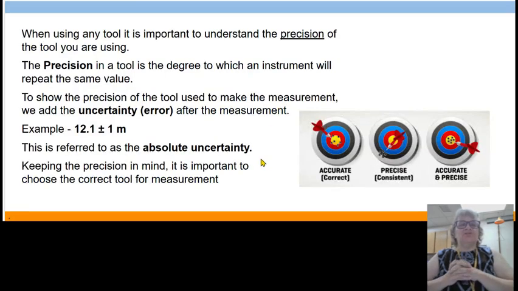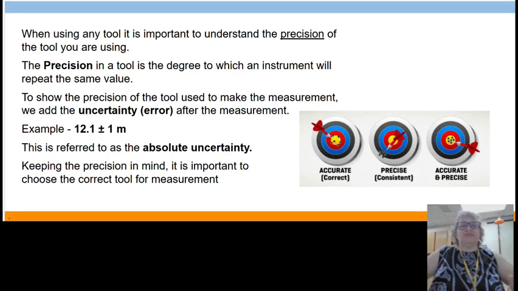When you're using any tool, it is important to understand the precision of the tool that you're using. Precision in a tool is the degree to which an instrument will repeat the same values. To show the precision of a tool used to make the measurement, we add the uncertainty or error after the measurement.